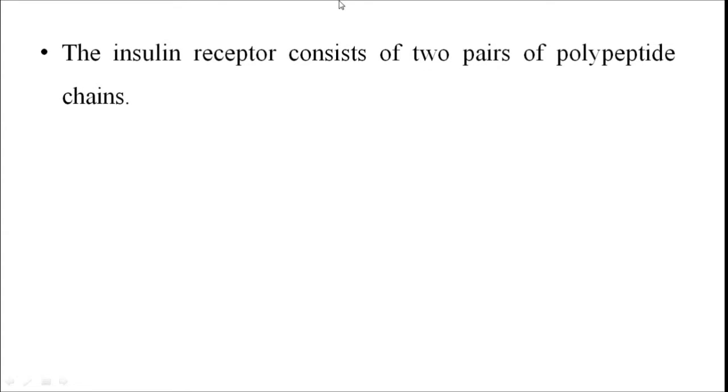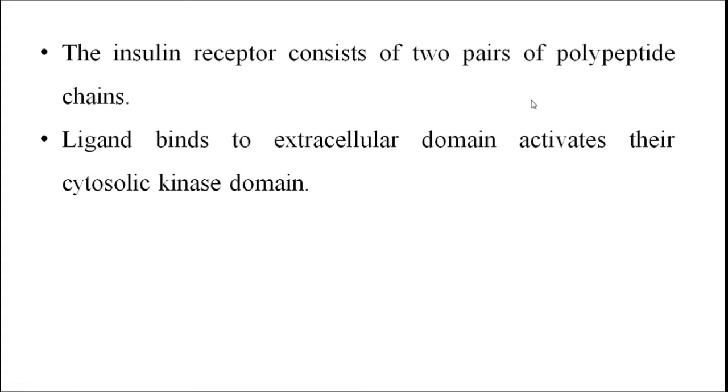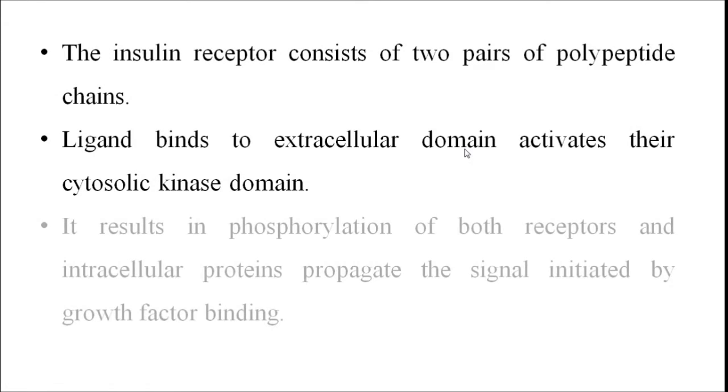If we see the insulin receptor, then it consists of two pairs of polypeptide chains. So once the ligand binds to this polypeptide chain within the extracellular domain, the activation of the cytosolic kinase domain is carried out.